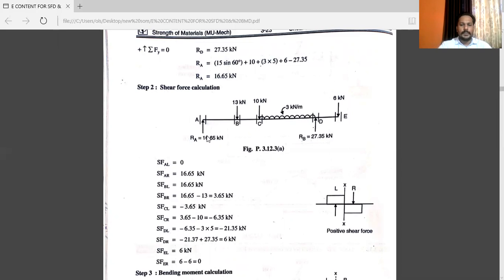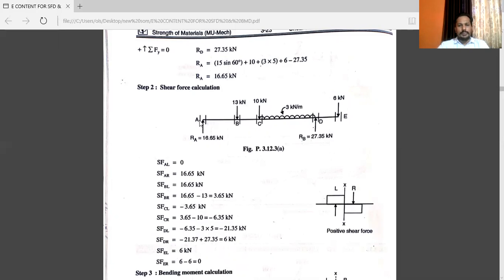See, you know the positive shear force and negative shear force and its convention. You can see this is the left side of a section, this one is the right side of the section. This is the positive shear force. According to this, you have to put the positive and negative signs here. See the cursor location, you have to come at point A just to the left.